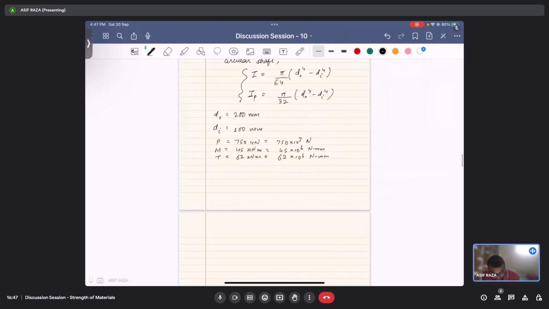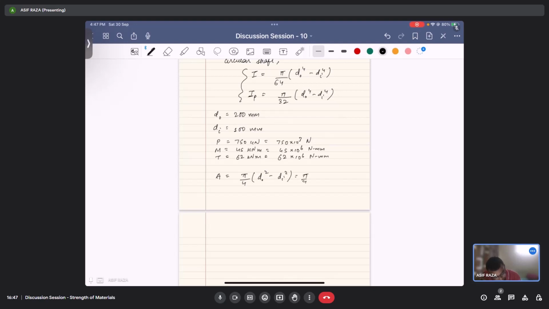So first thing, what would be the area of the system? This would be equal to pi by 4 (D square minus Di square).